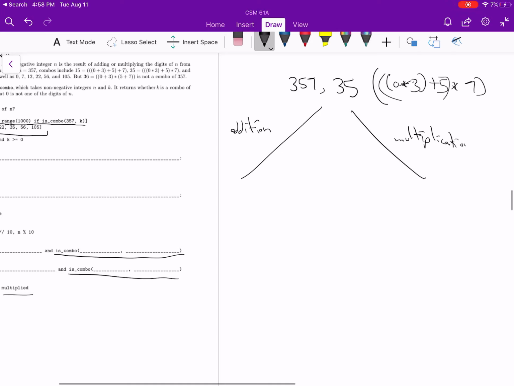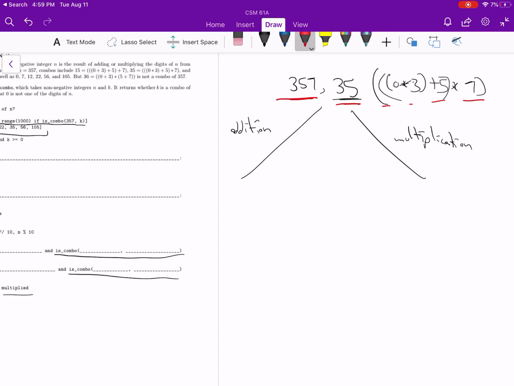The interesting thing here is that we're not exactly building up or choosing a number to add or multiply. We're not taking k and then either adding 7 to it or multiplying it by 7. We're actually going to be doing the opposite, because we're checking if 35 is a valid combination of 357, which means can 35 be formed by adding and multiplying 3, 5, and 7, just like we've done on the right.